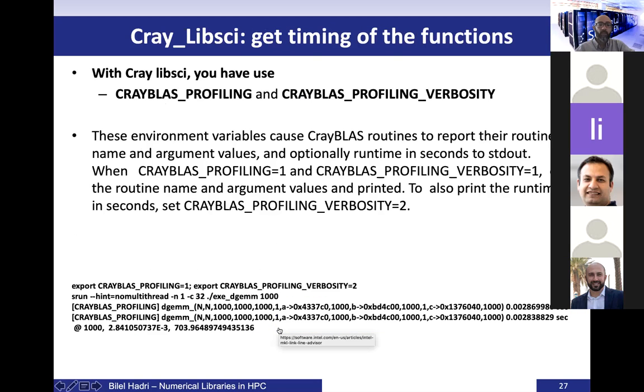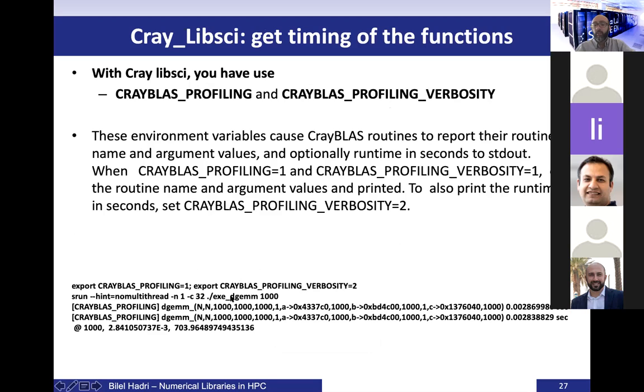Also a trick. To get the timing of this function, you can use the Cray library and add these two environment variables: the Cray BLAS profiling and Cray BLAS profiling verbosity. For example, I put the export profiling verbosity 2, and I put the srun option for no multi-thread, because on Shaheen hyperthreading is enabled.